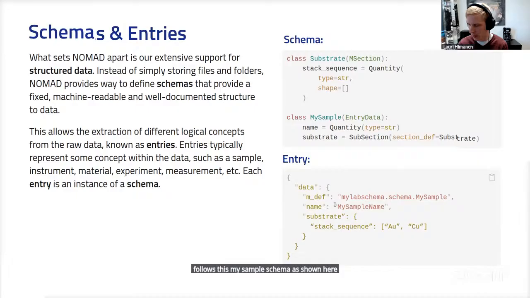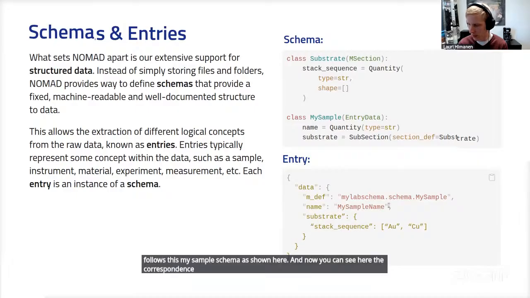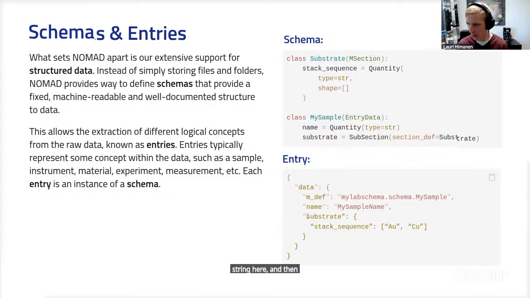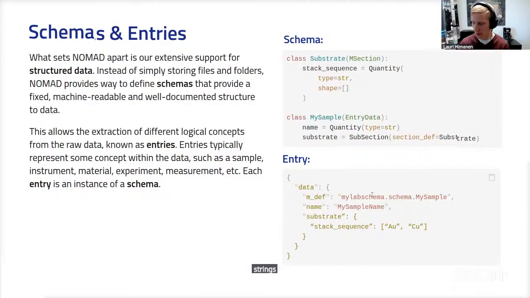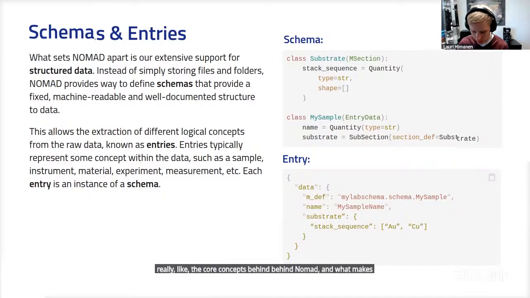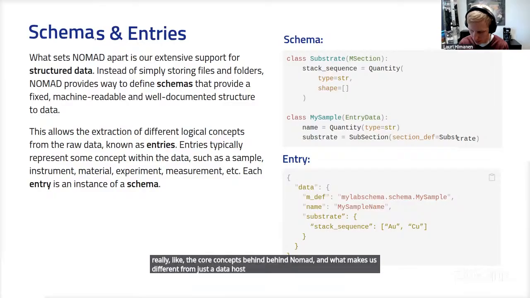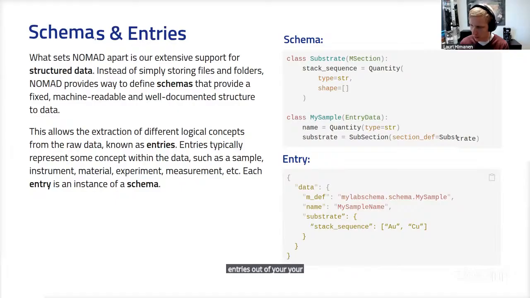And now you can see the correspondence between the actual data. There's a name, which was defined as a string here. And then there's also what we call a subsection, a substrate subsection, which contains a stack sequence, which is a list of strings. So these are the core concepts behind Nomad, and what makes us different from just a data hosting platform is that we try to extract entries out of your data which follow schemas.